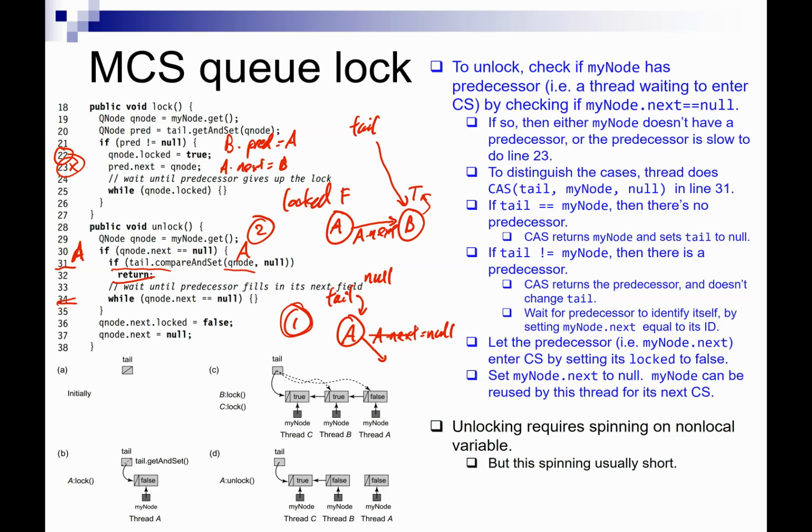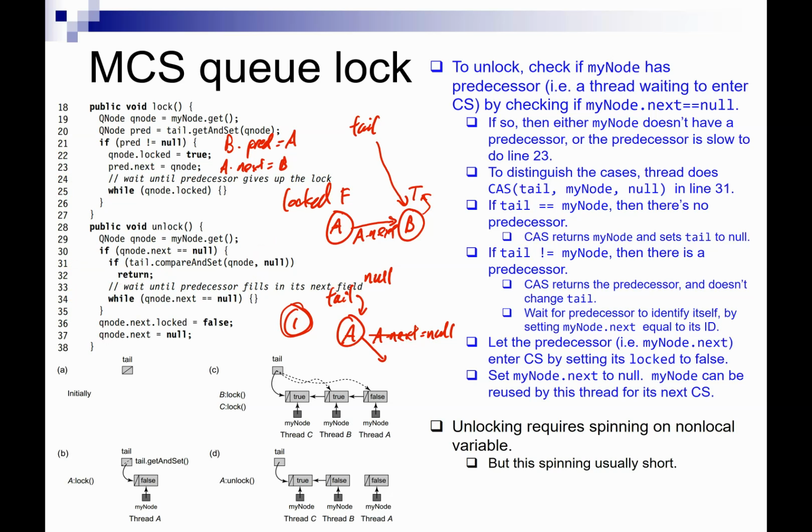So that explains this part over here. Now this algorithm is going to work well even without a cache because of the spinning. Let me clean this up.